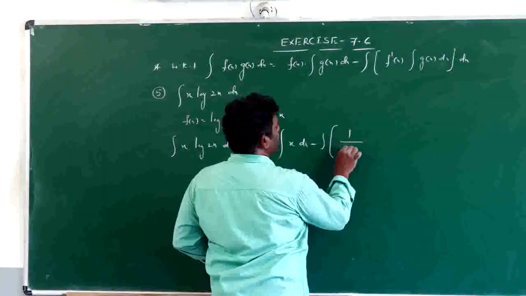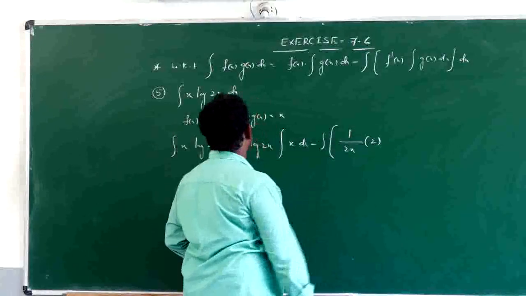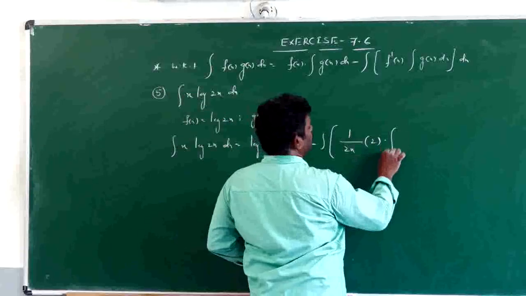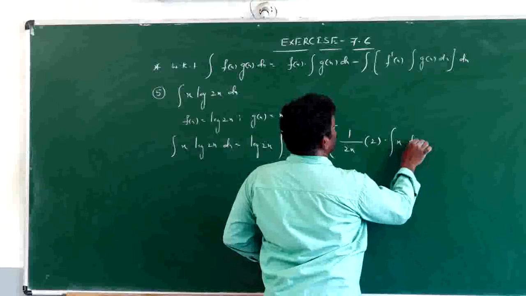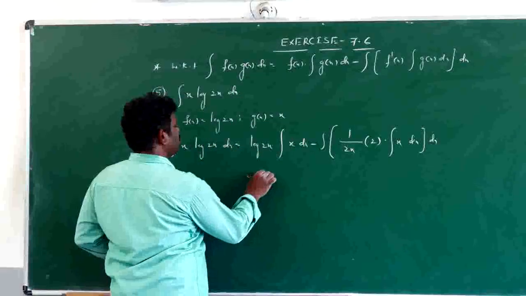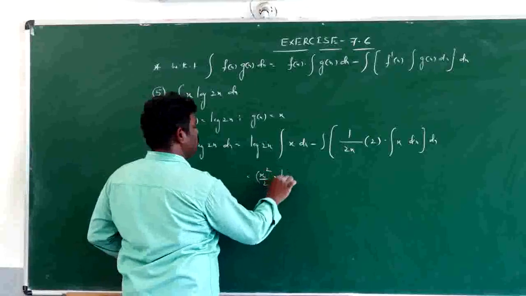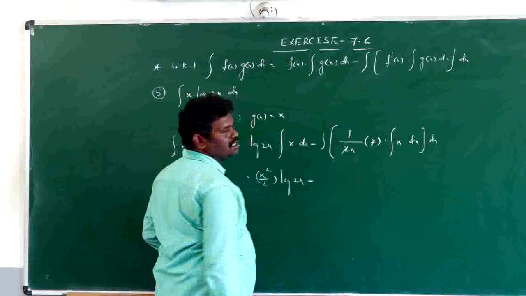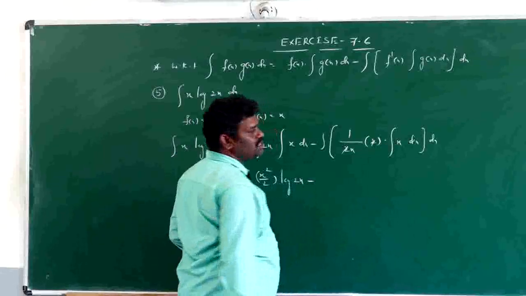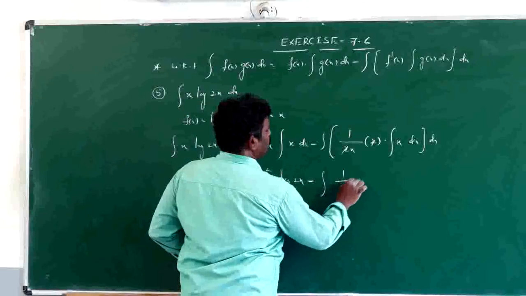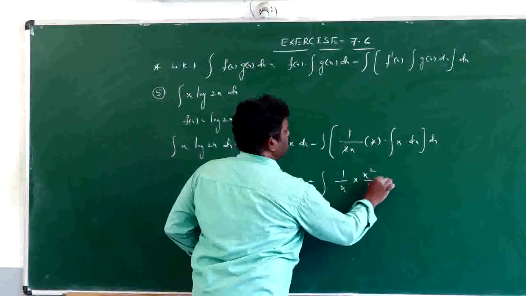So 1 by 2x into 2, into integral x into dx, whole dx. That is equal to x square by 2 into log 2x minus, here the 2 cancels, again integral x means x square by 2, so 1 by x into x square by 2 dx.